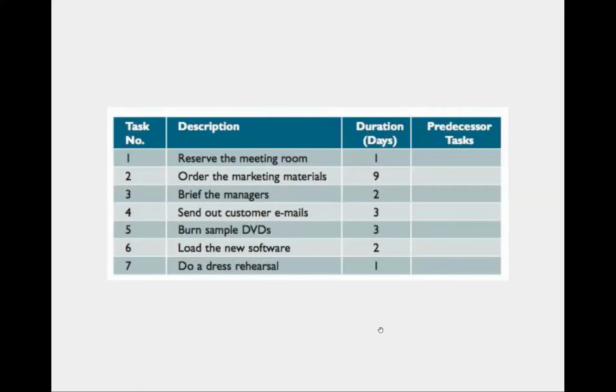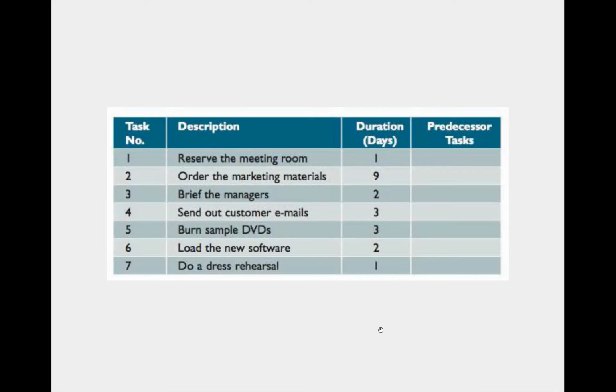Now, first one is you identify some of the tasks that you need to do, together with the duration. So in this particular example, we put days. So the first task according to this is reserve the meeting room, and for that you are allocating 1 day.